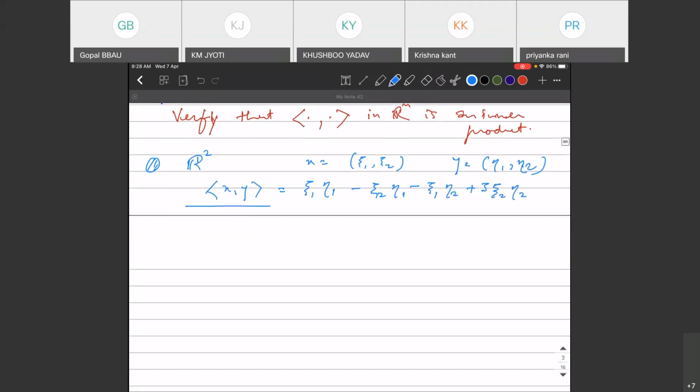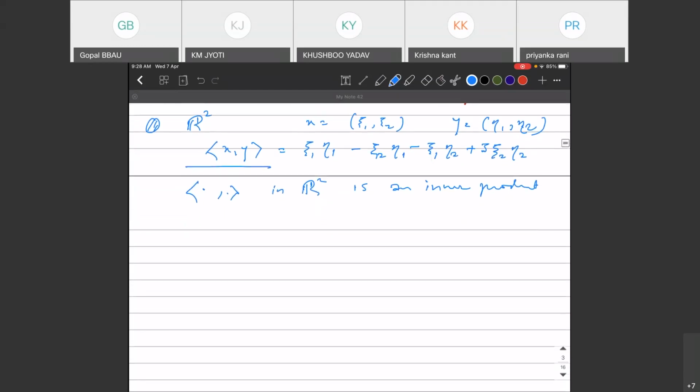So this is also a real inner product space. You may verify that this R2 is an inner product space. This means we may have many different inner products on a linear space.